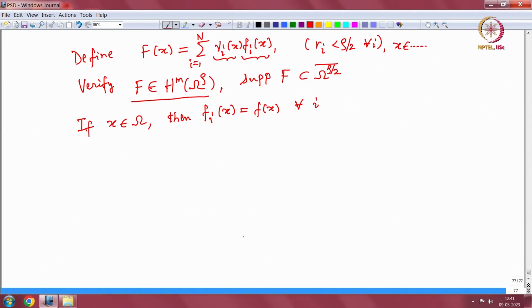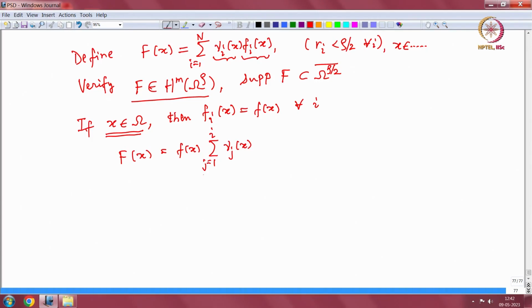Okay. And then, given any x in omega, we can choose a particular first ball. These are only finitely many. So then that makes F of x equal to the sum of gamma_j x for j equal to 1 to i, times f of x, where i is the first ball where x belongs to.